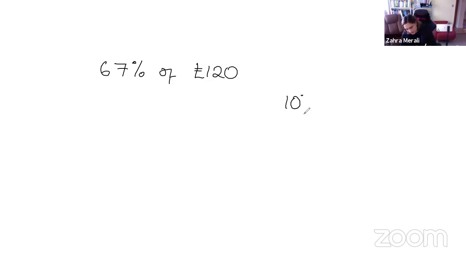So we said 10% was dividing by 10. 50% is half, so it's dividing by 2. Okay, so we could start there. So I know what 50% is. So 50% is going to be half of that. So if I take 120 and divide it by 2, so half of 100 is 50, half of 20 is 10, add them up.